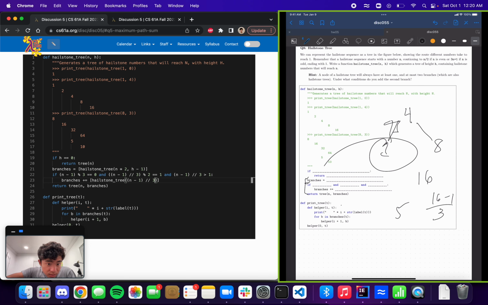And so we're going to pass that number in, and what we also want to do is decrement the height. So give me a height h minus 1 tree, not a height h tree. And at the very end, we're going to return the tree with the current label n, and also the 2 branches or 1 branch that we just made.